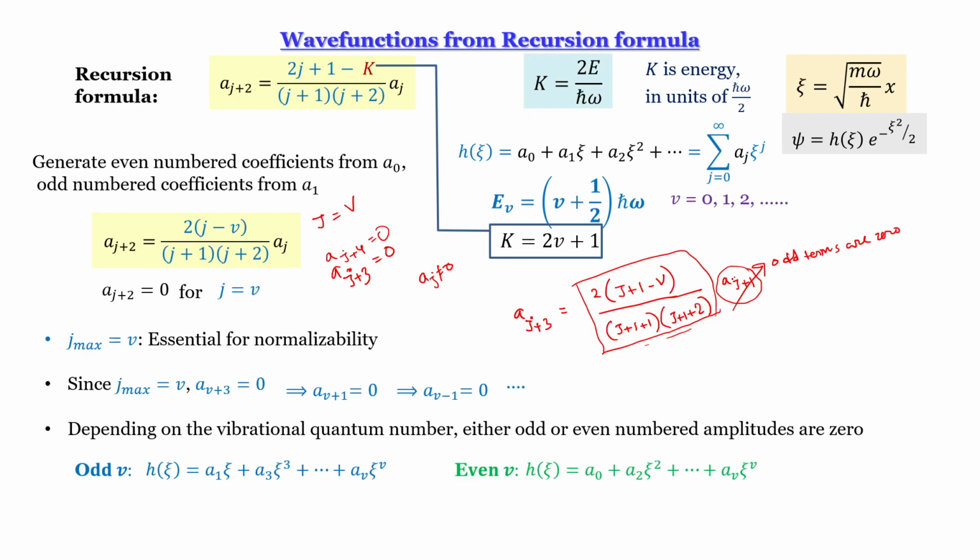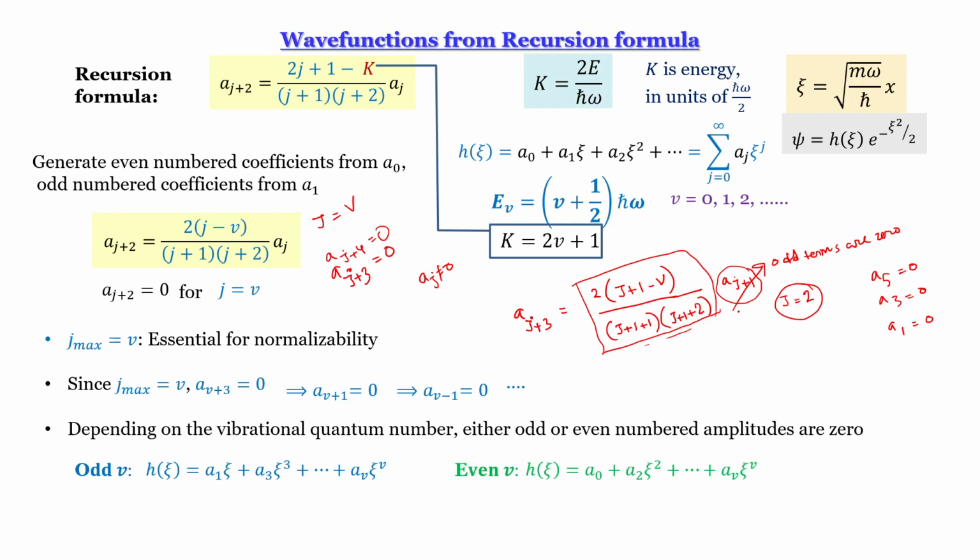That's why we are getting only the odd terms 0. Suppose for this j, if j equals 2, then we are saying that A5 is 0 and A3 is 0. So that's why we are saying that A1 will also be 0. Are we extrapolating that too much?